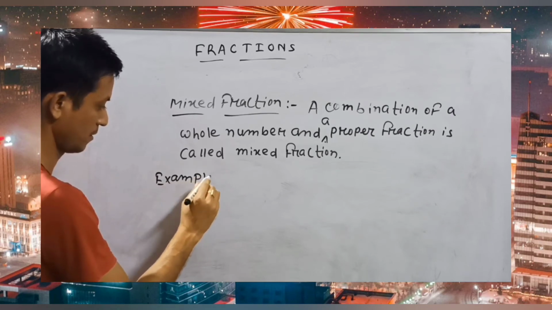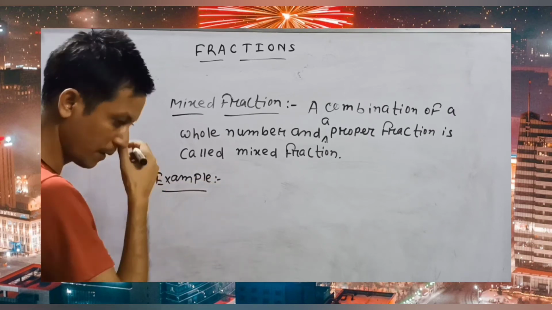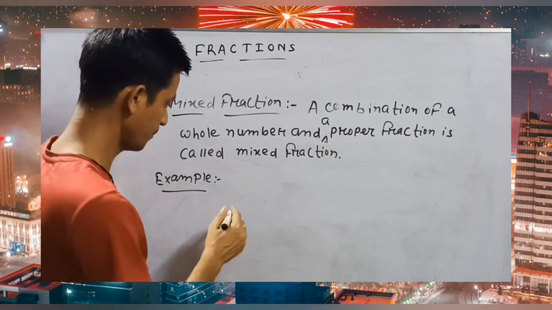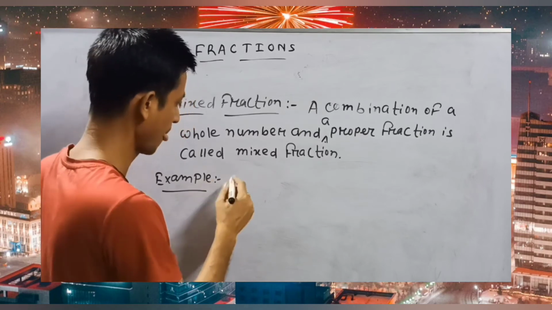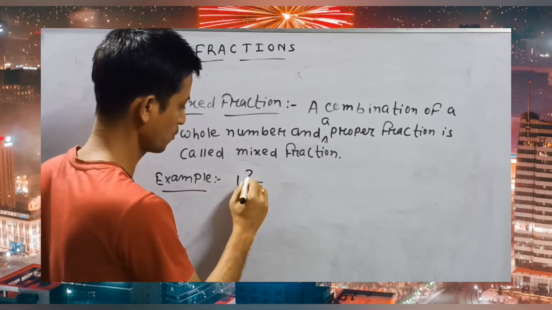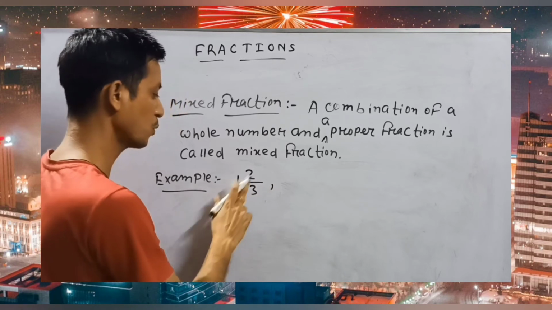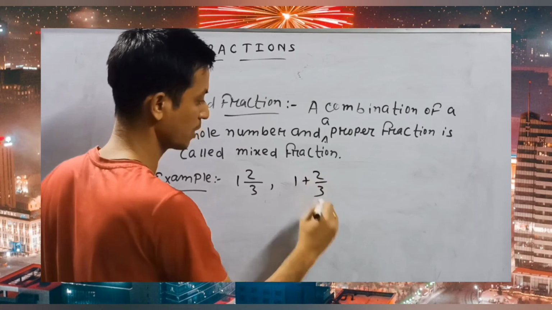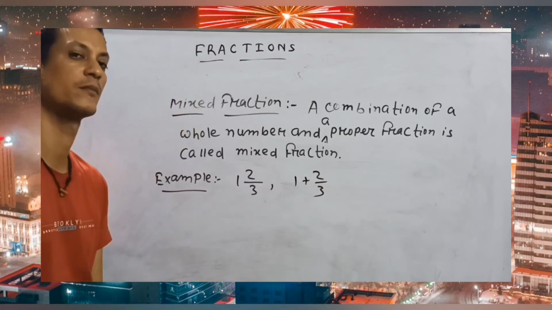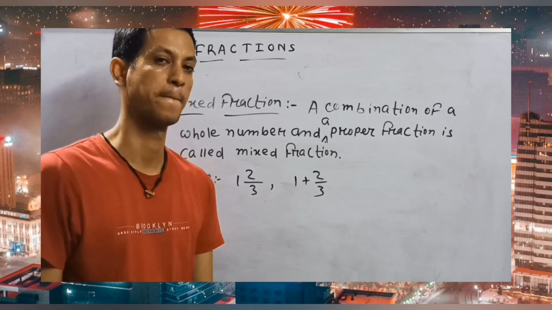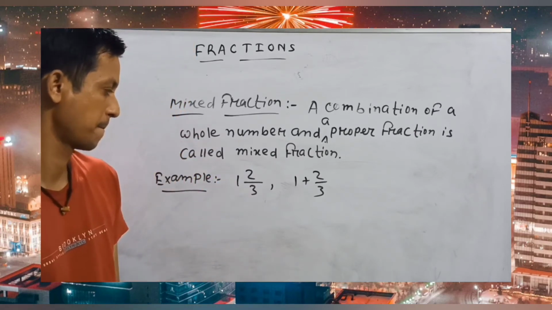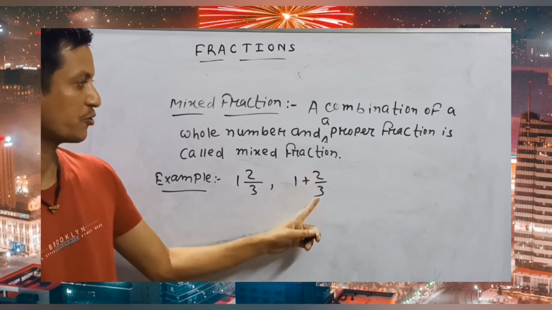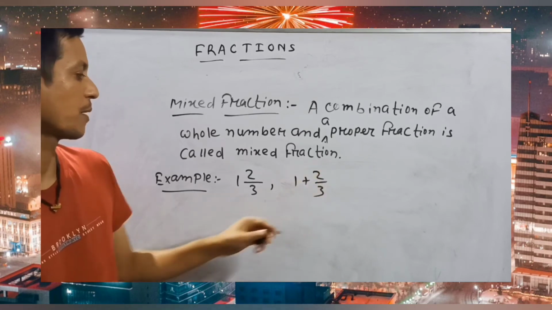Example, whole number 1, 2, 3, all numbers are whole numbers. So positive number, 1 whole 2 third. That means 1 plus 2 third. One is a whole number, 2 by 3, 2 third, proper fraction.